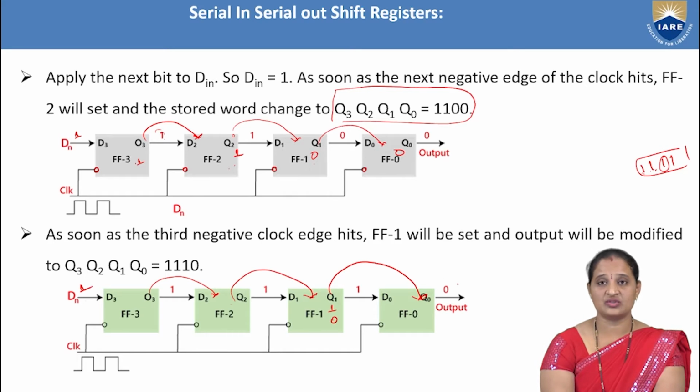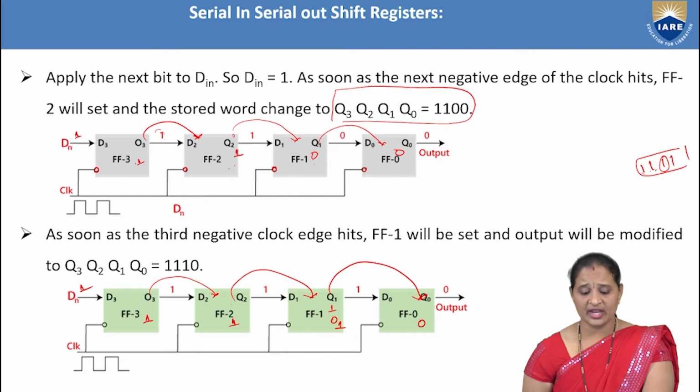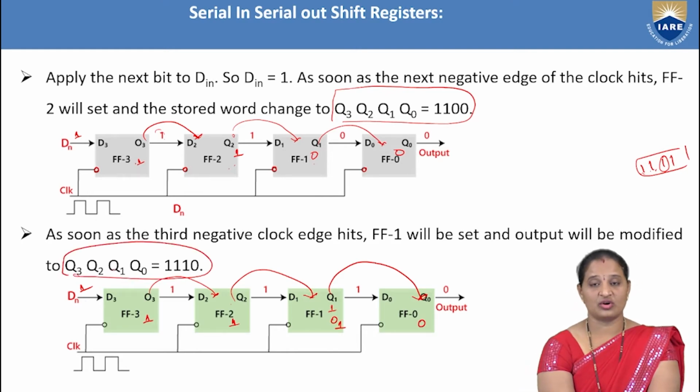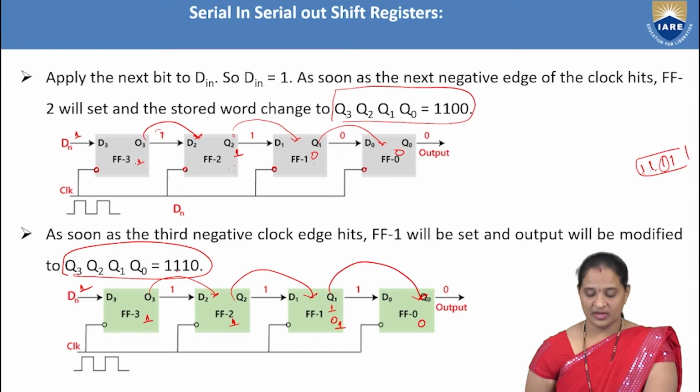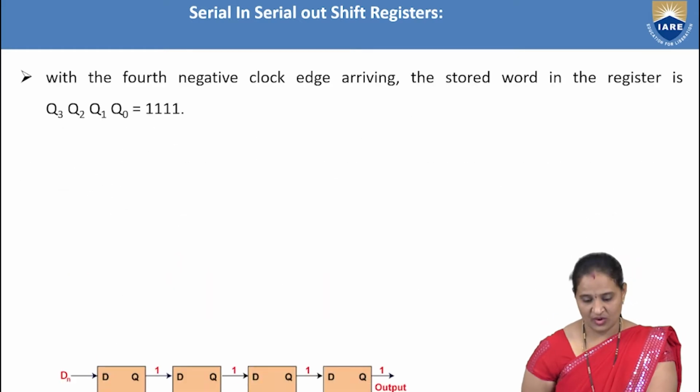Now what is the value stored in this register? In the first flip-flop 1, second 1, and the third one is also 1, whereas the fourth one is 0. So the word stored in the register during the third clock pulse is 1110.